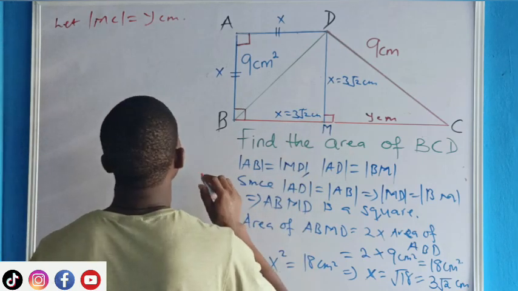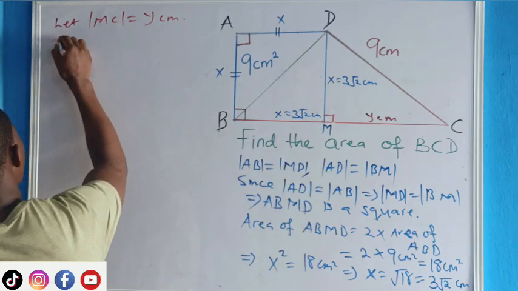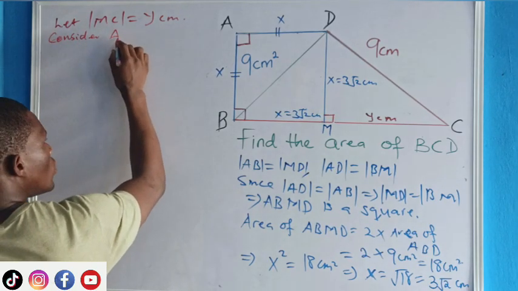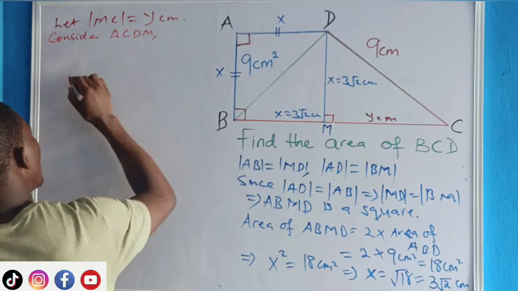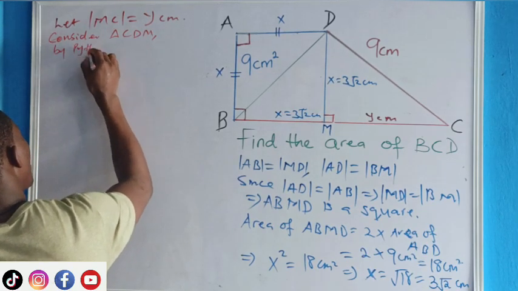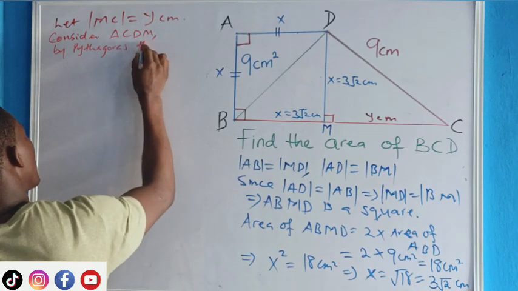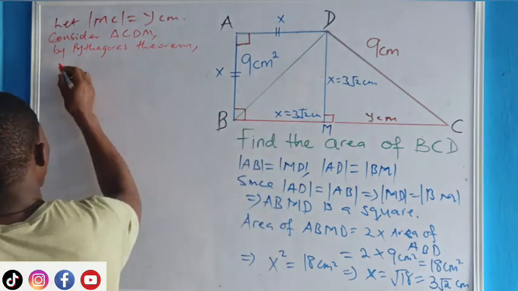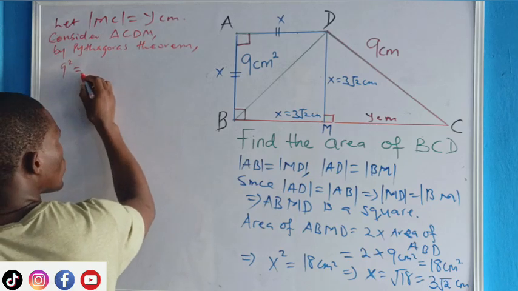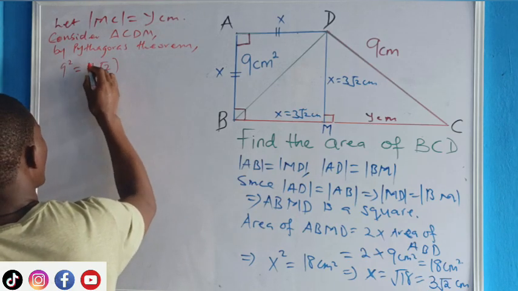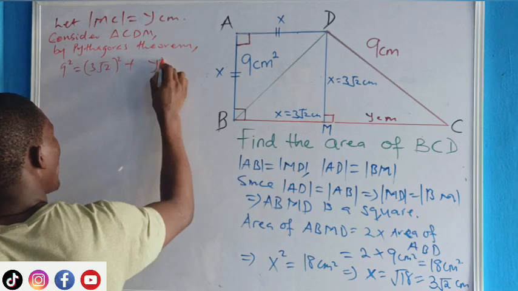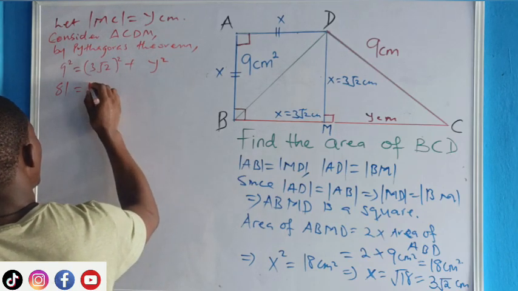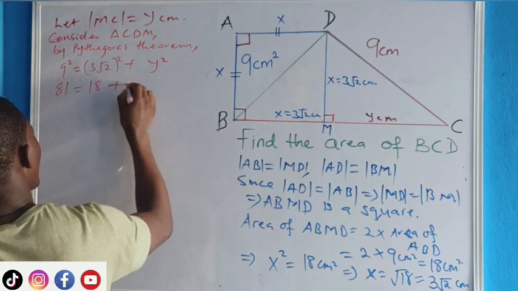By Pythagoras theorem, 9 squared equals 3 root 2 squared plus y squared. So this is 81, which equals 18 plus y squared.